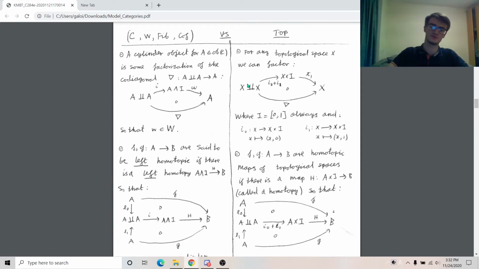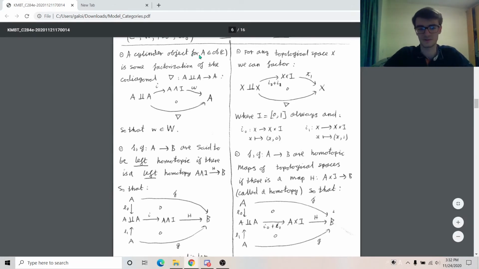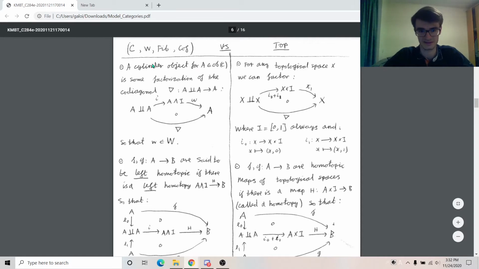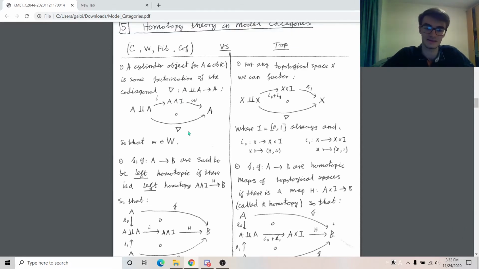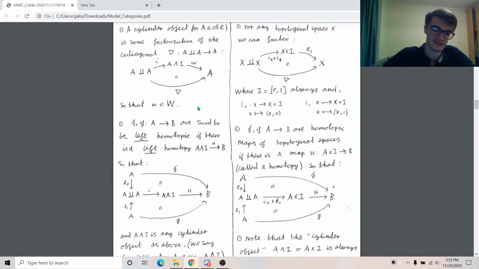So how would we do this in model categories? We define a cylinder object for A in a model category C to be a factorization of the codiagonal of A, and we require the second map to be a weak equivalence. So we require the cylinder object to be weakly equivalent to the original object. It needs to be related in some way. And here's where it gets interesting.